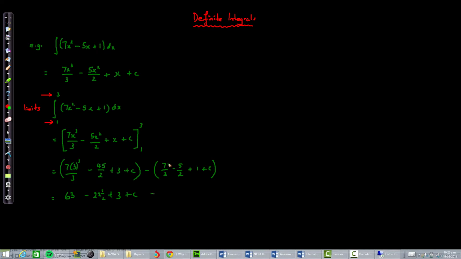Okay, now this here will be 7 over 3, so that's 2 and a third. So it's going to be minus that, minus the negative 5 over 2, so plus 2 and a half, minus 1, minus constant, bringing the minus into each of these ones here. Right, so let's tidy this up a bit.